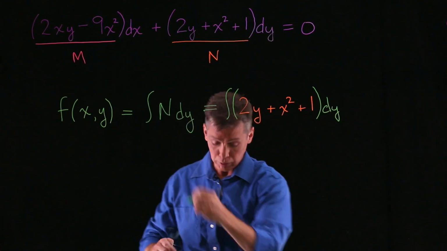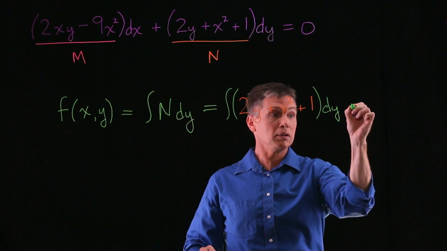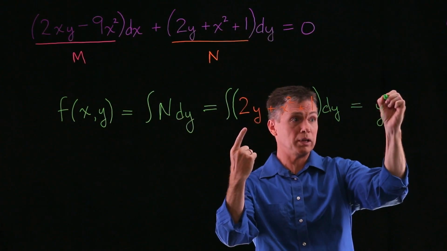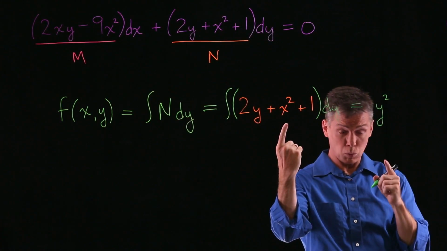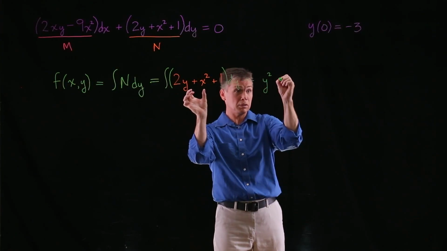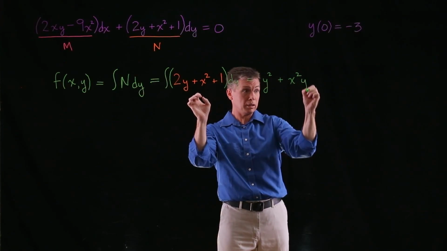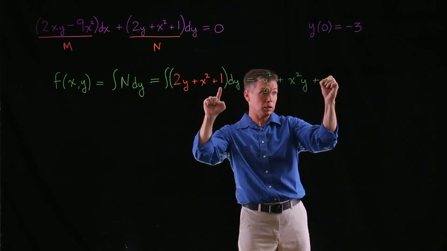All right. Okay, so let's do that integral here. This first term is just y squared. This second term, integrating with respect to y, is really just a constant, so plus x squared times y to the 1 power. And here's another constant, plus 1.